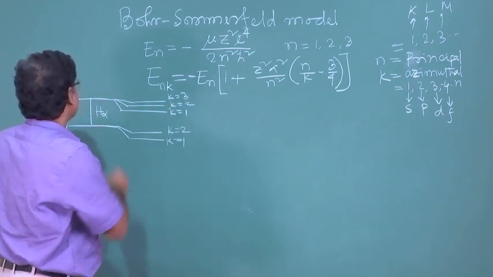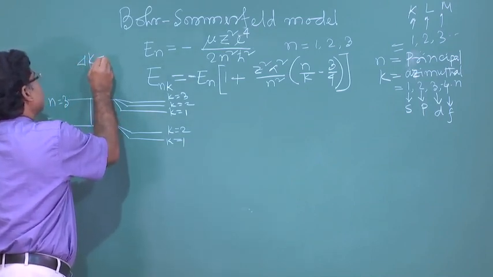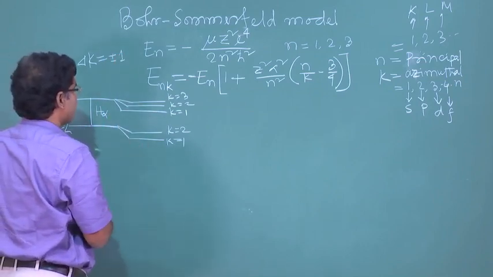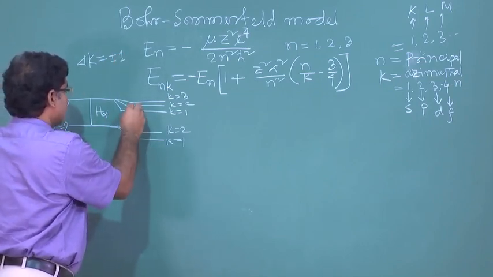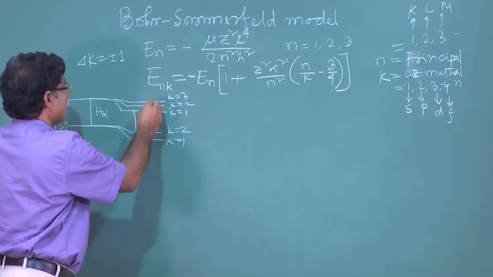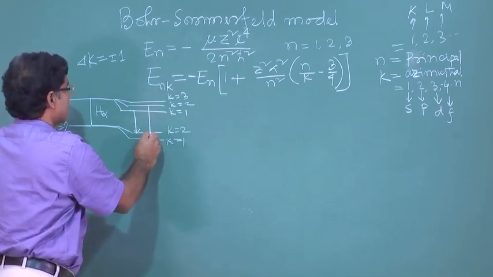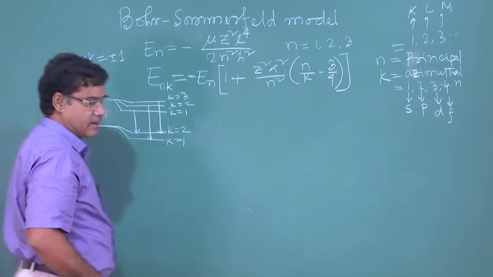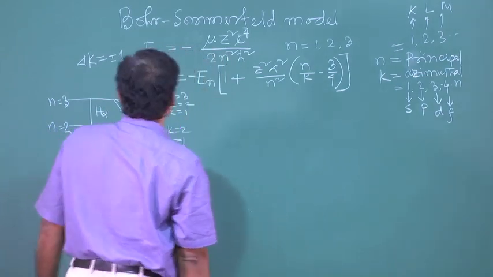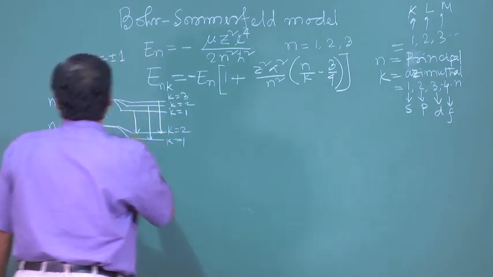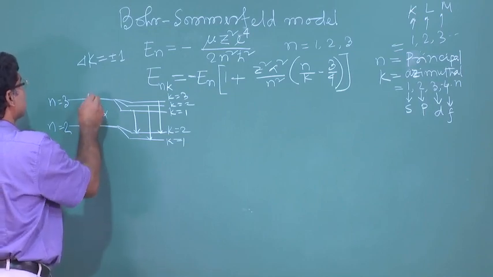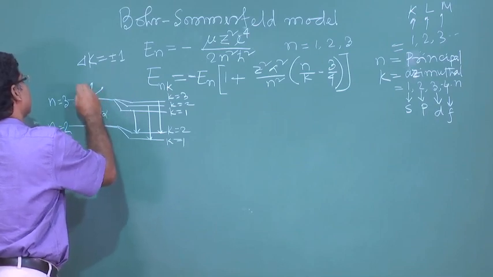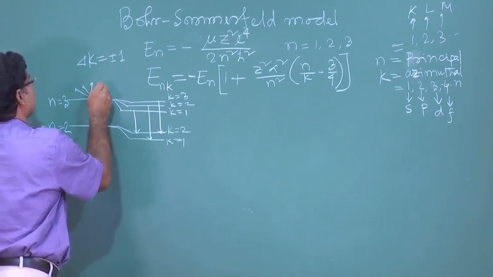Using the selection rule, del k equal to plus minus 1, as I have shown you, this transition is possible, 2 to 1 is possible, and 3 to 2 is possible. So actually we will get 3 lines, but experimentally it is seen that this spectral line is composed of basically 5 lines.